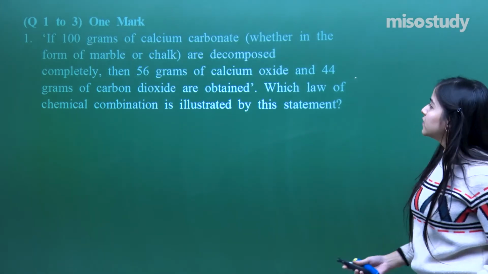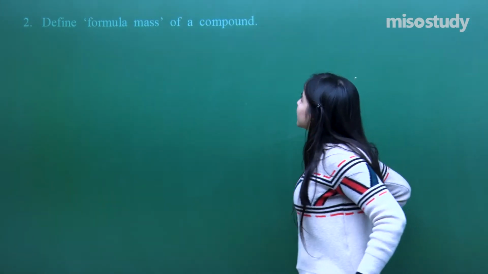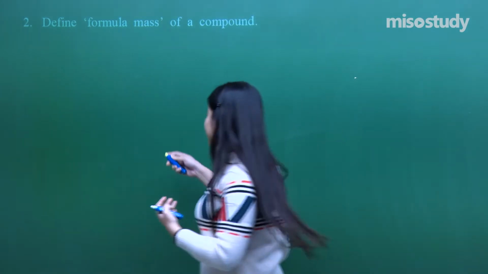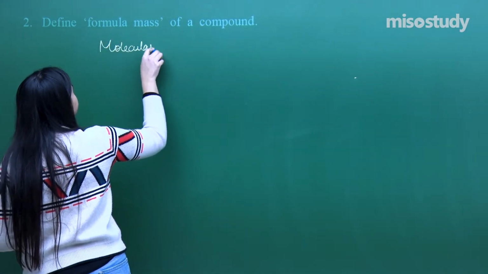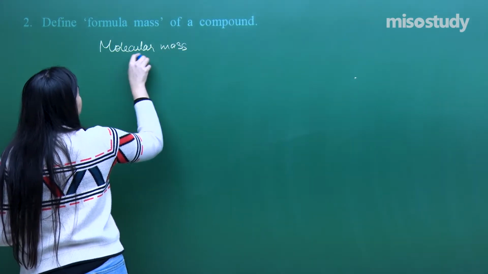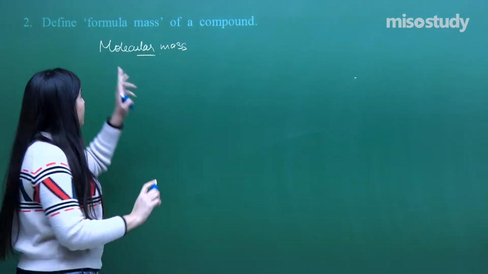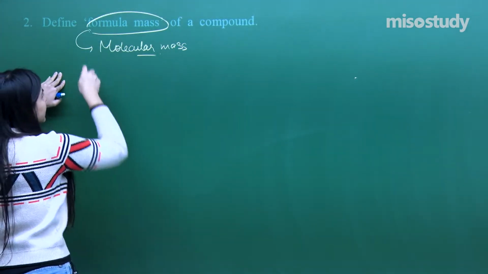Now question number 2, again a simple one. Define formula mass of a compound. What is formula mass? It's somewhat related to the molecular mass. Yes, that's right. Don't get confused. What is molecular mass? Basically whenever we deal with covalent compounds, okay? But if I specifically talk about the formula mass, it's none other than the molecular mass.